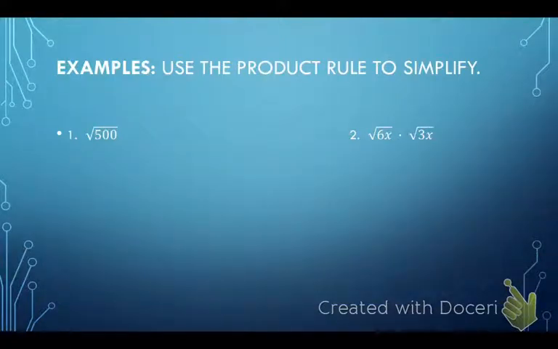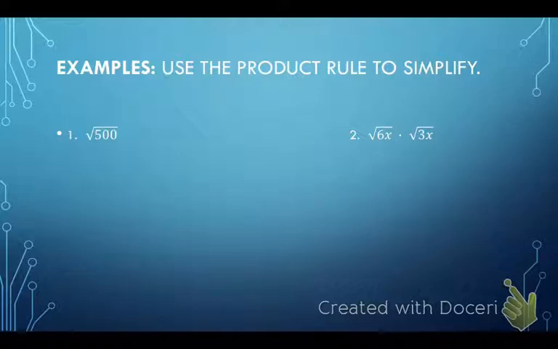Now, product rule, remember whenever you have a product rule, you're trying to separate everything out. So like if I have the square root of 500, what is a perfect square that I can break 500 into? Like what's the biggest perfect square that I can divide into 500 evenly? 25?